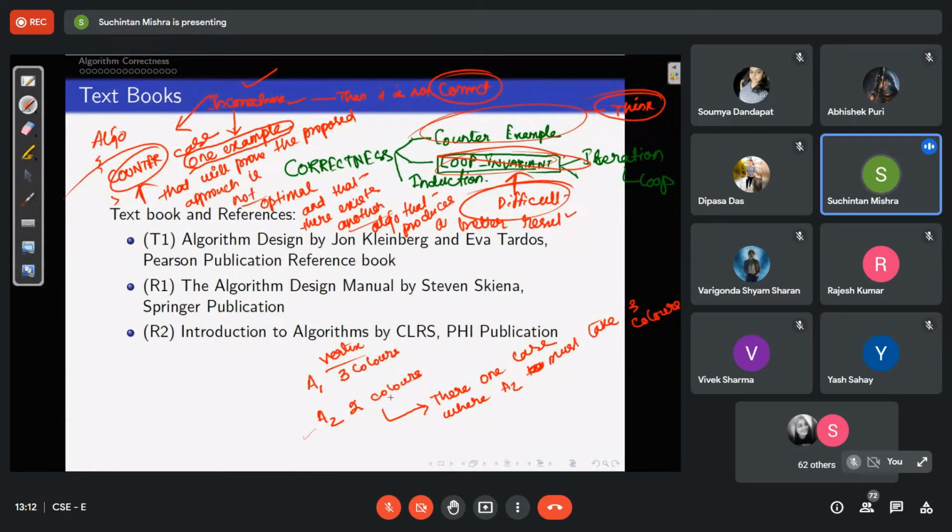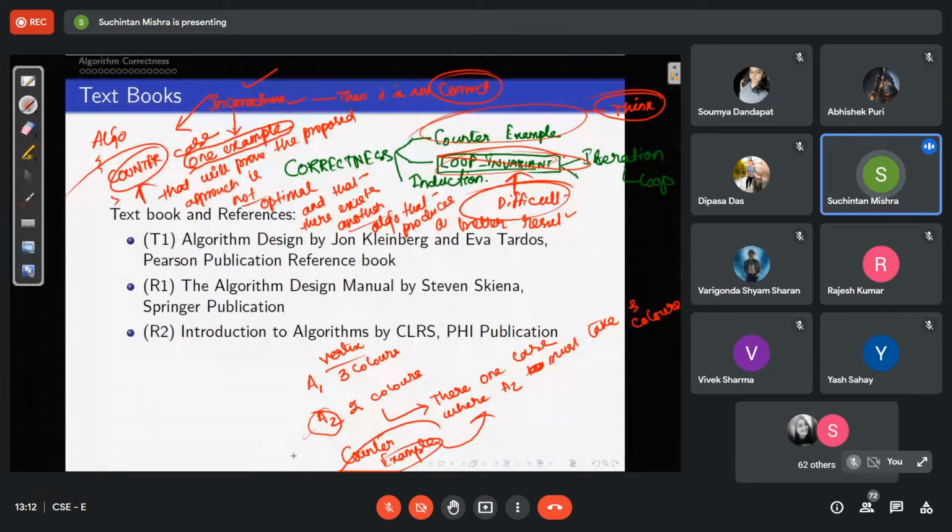But now, if I can find a counter example which shows that this A2 must require 3 colors, in that condition, your A2 is no more the most efficient algorithm.